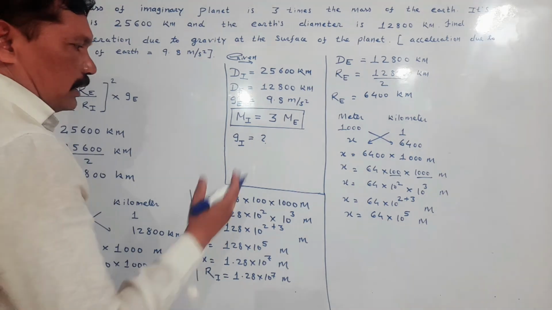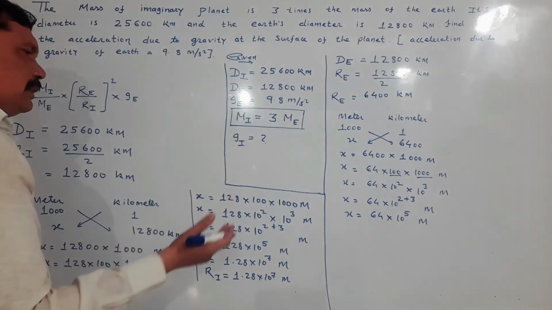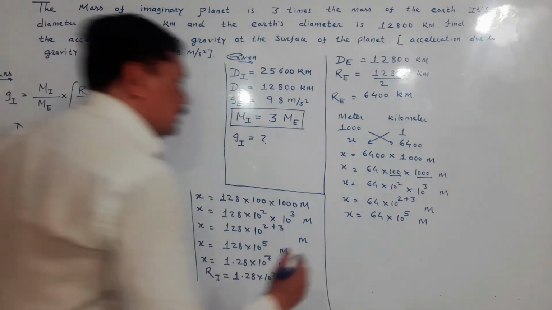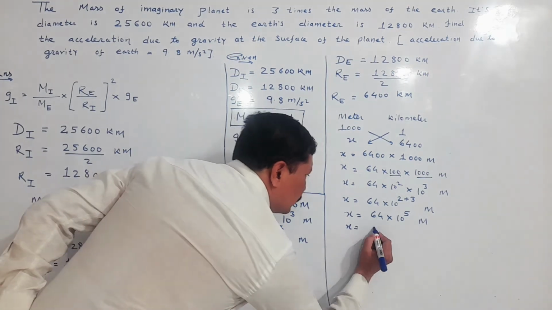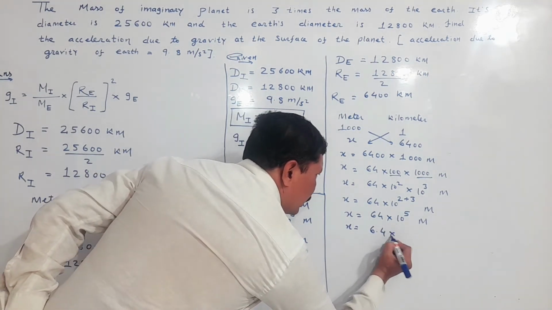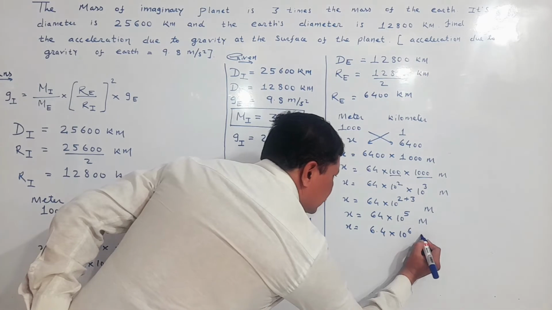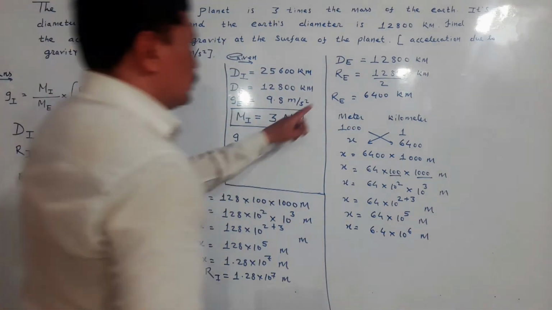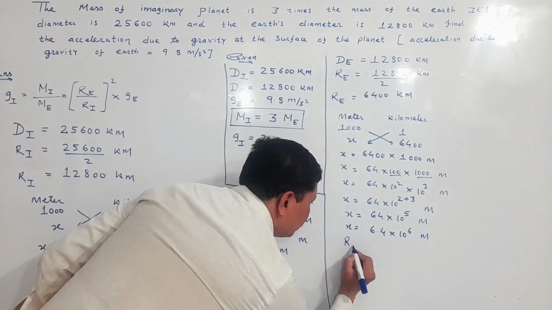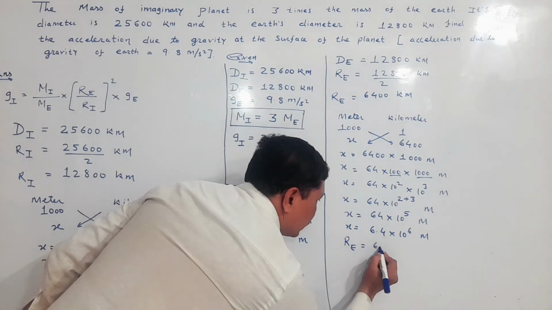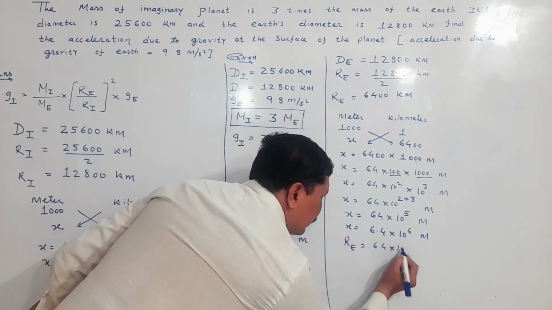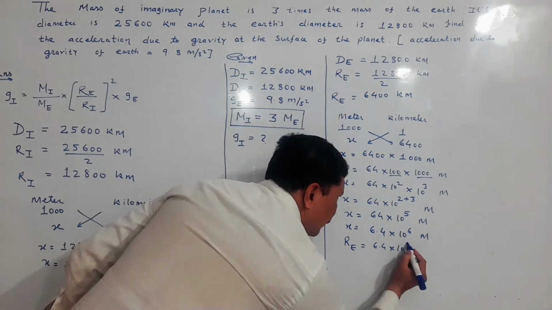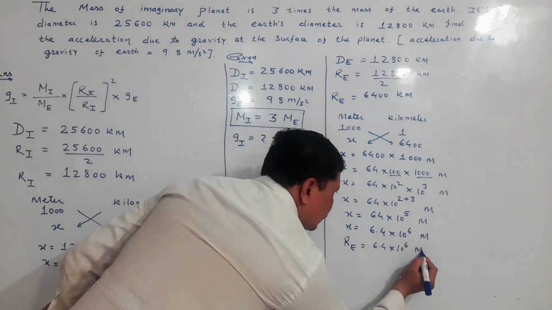My dear student, here we have to convert this value into scientific notation, and therefore x is equal to 6.4 into 10 to the power 6 meter. Here x is equal to Re is equal to 6.4 into 10 to the power 6 meter.